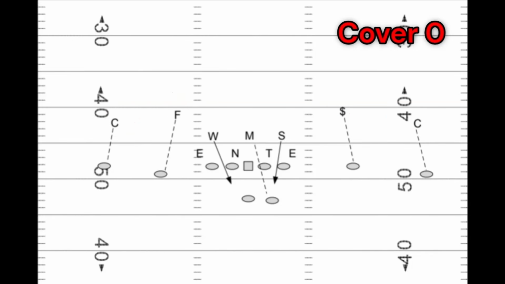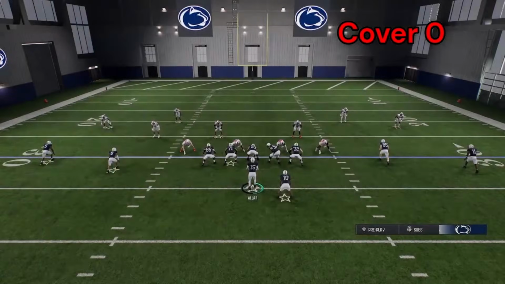Birds on a post and no apex defender split out over the slot receivers indicates cover zero. Now right here, because we have a nickel on the field, we do get a cover down player here. All right, that's a technical term for him. But we don't get one here, right?